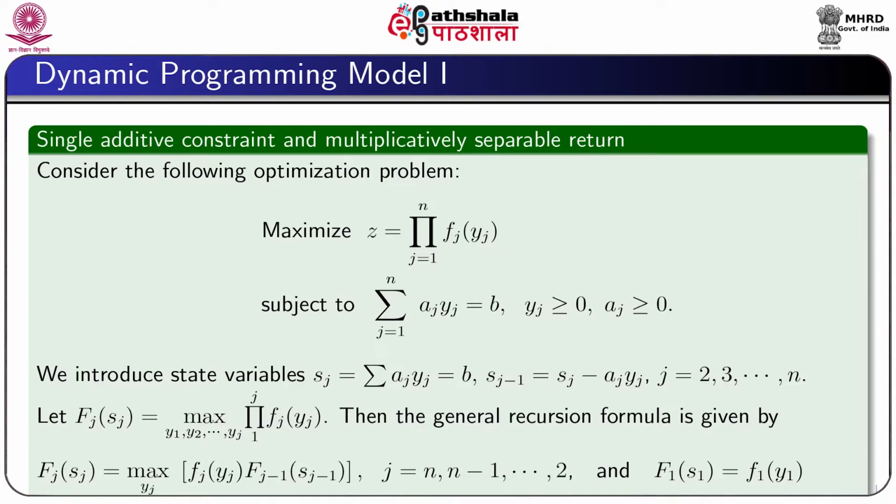Then the general recursive formula becomes capital Fj(sj) equal to maximum of fj(yj) times capital Fj minus 1(sj minus 1), for j equal to n minus 1 up to 2, and also f1(s1) equal to capital F1(s1) equal to f1(y1).